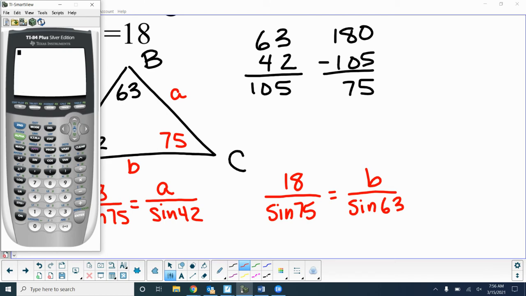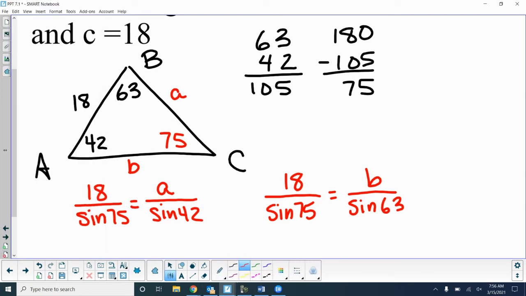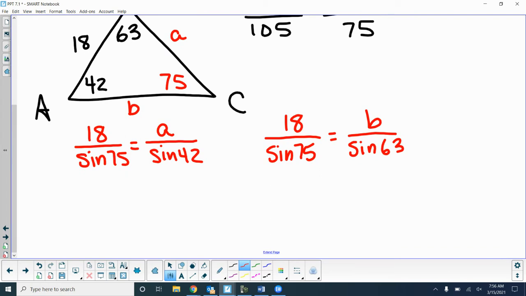Okay. So what I'm doing is cross multiply. So A times the sine of 75, cross products are equal, so equals 18 times the sine of 42.